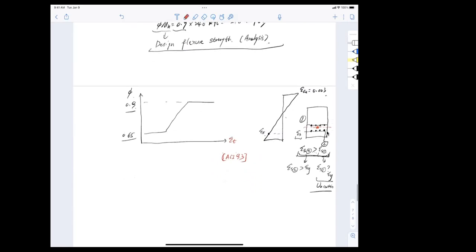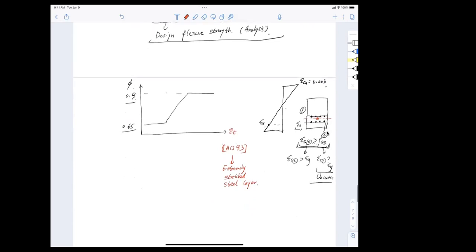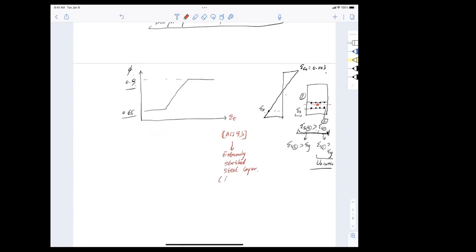Epsilon t, let me write it out, is the extremely stretched steel layer. Just my layman term of defining it. That means the bottom layer of steel.